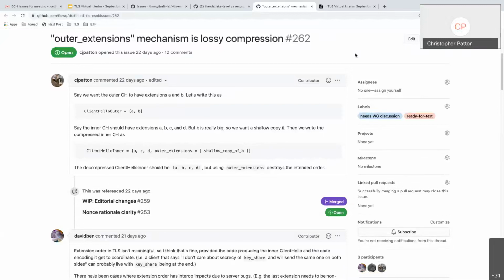So the current proposal is really simple. It only actually provides a benefit if you compress enough extensions. So there's a threshold that you need to cross for it to be valuable, which is worth discussing. And I think the other issue is whether people are going to be fine with using multiple extension points in the same synthetic message. So I'd like to see what people think about that.